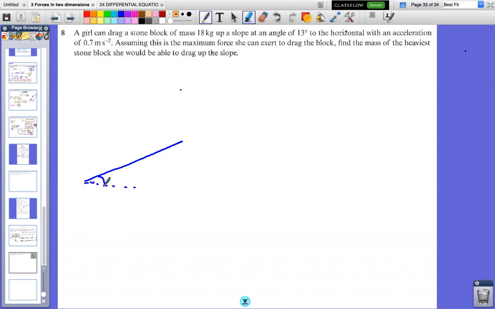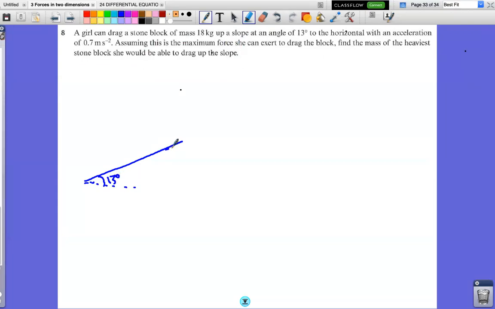So there is a slope of 13 degrees here, and a girl drags a stone of mass 18 kilograms. So the weight will be 180 newtons.